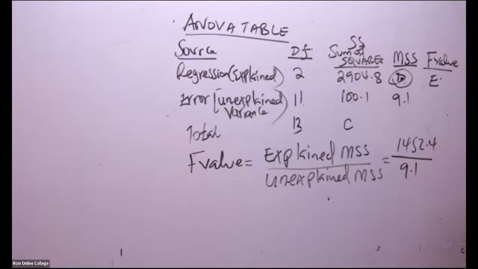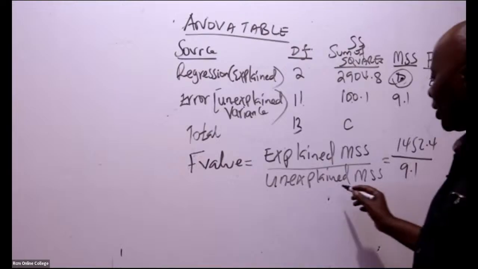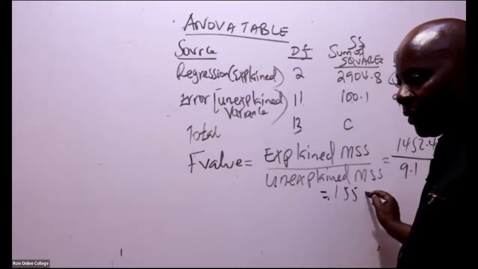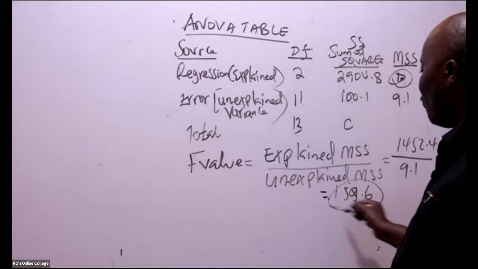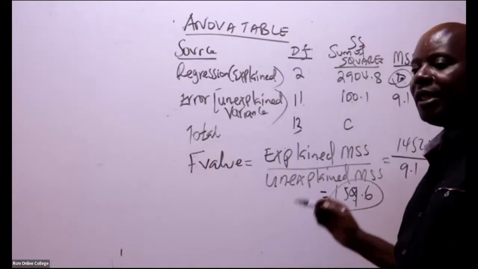So we get 159, which is really, really high. Very good. The higher it is, the better the predictor.